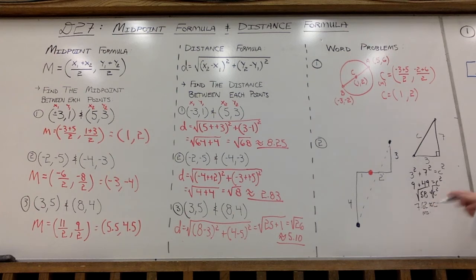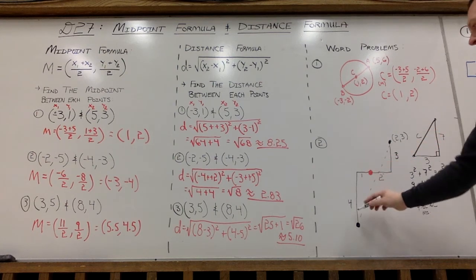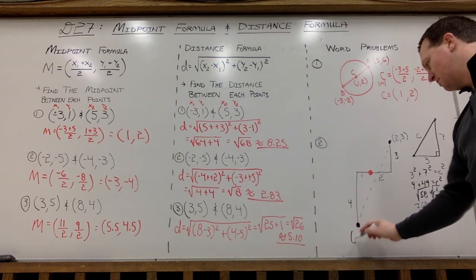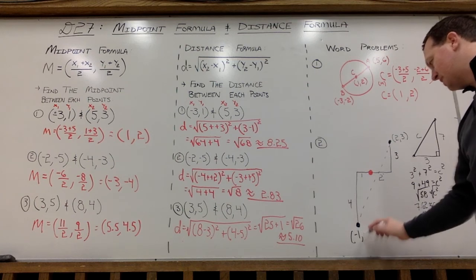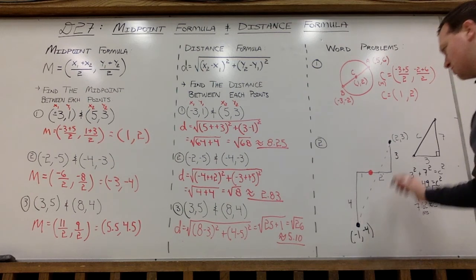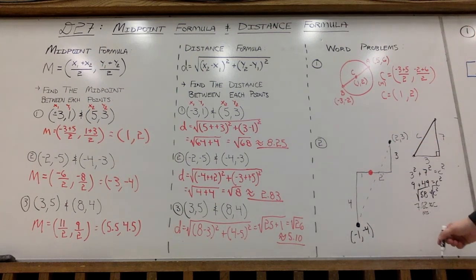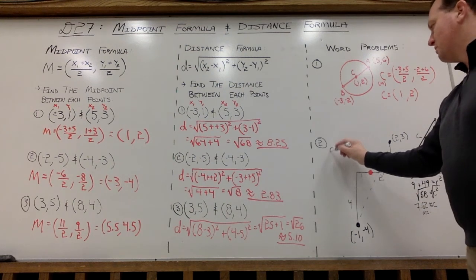The other way is thinking of your fire as 0, 0, like the origin, and then station 1 being 2 to the right, up 3, and then station 2 at 1 to the left, down 4. So 2, 3, and -1, -4, and then using that distance formula.